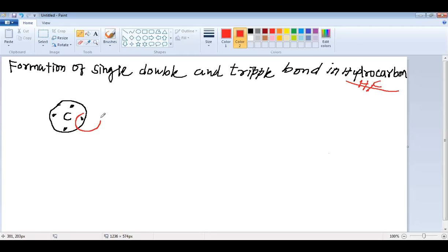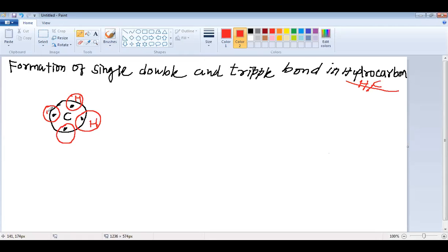Now let us share this electron of carbon with hydrogen. You can see here easily this way. With one carbon, we have just seen that carbon has valency 4.